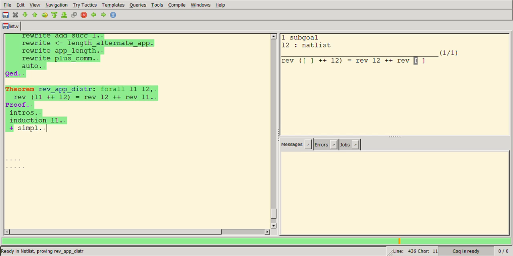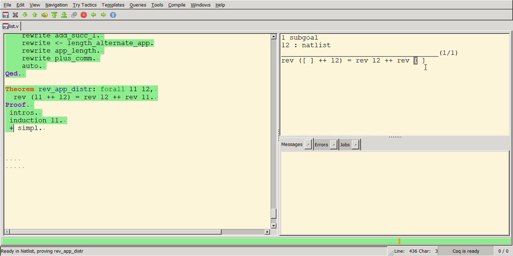Simplification should work. Simplified. We were not able to make both sides exactly the same, because here the plus operator is used, so this is append. The first argument of the append is null, so it was reduced to L2 because it is there in the definition of the append function.